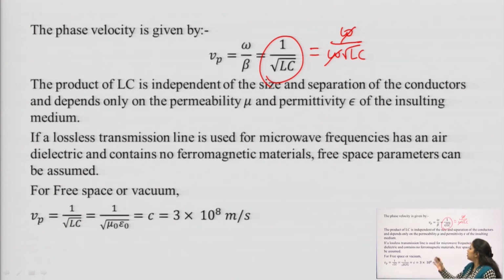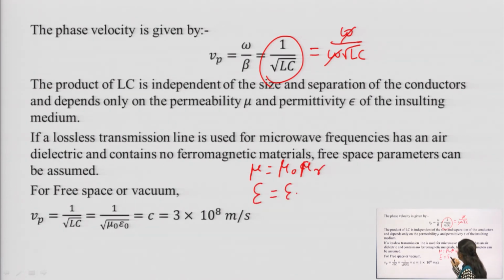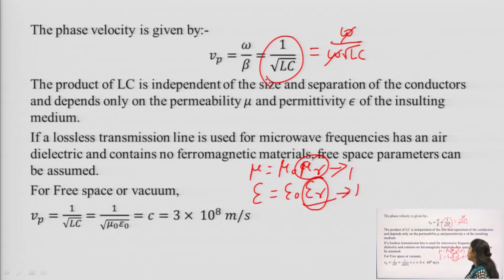When we talk about the lossless medium, normally mu is given by mu naught into mu r, and epsilon is given by epsilon naught into epsilon r, where mu r is the relative permeability and epsilon r is the relative permittivity. So, this depends upon the material which we are using for the conduction process, but for free space we already know that mu r is equal to 1 and epsilon r is also equal to 1.